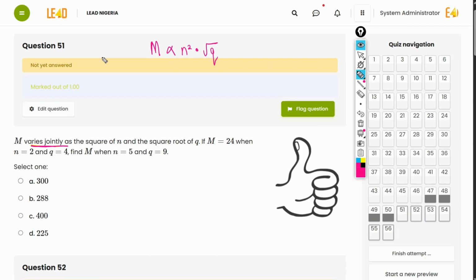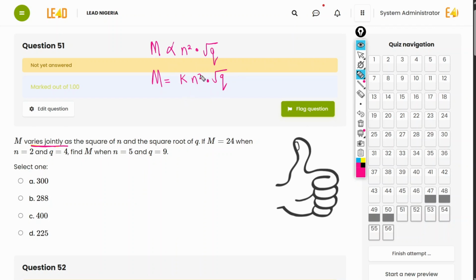So they give us a relationship. But before we do that, we need to rewrite this and drop in the constant of the relationship. If I do that, this is going to change to an equation: m is equal to k n squared times root q. So they're all multiplying.